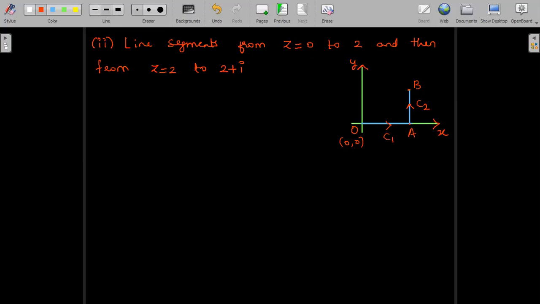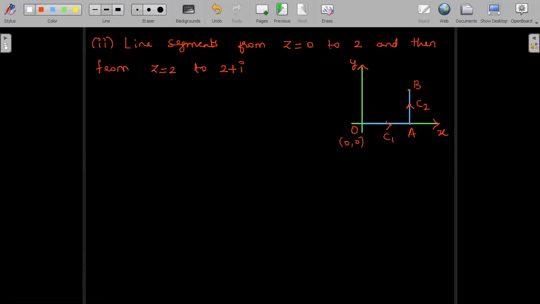So line segments are from z is equal to 0 to 2. Now z is equal to 0 to 2 means 0, 0 to 2, 0, and then 2, 0 to 2, 1. So the same thing we will represent in terms of x, y.